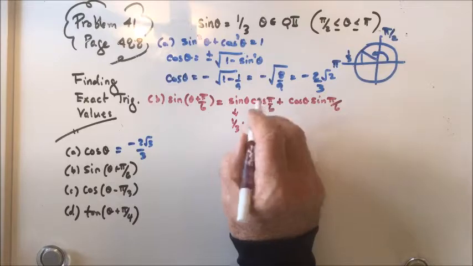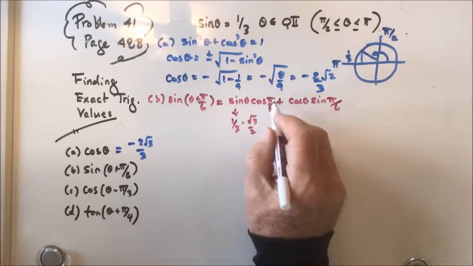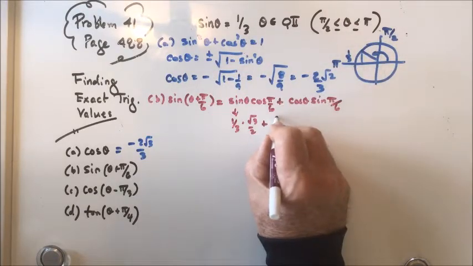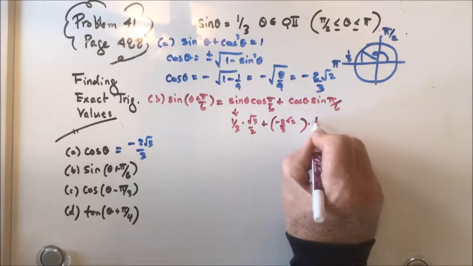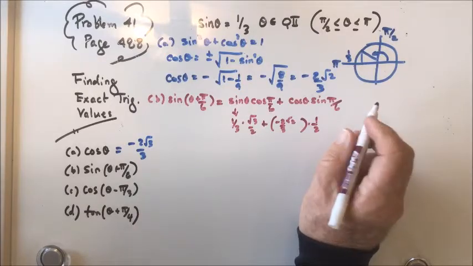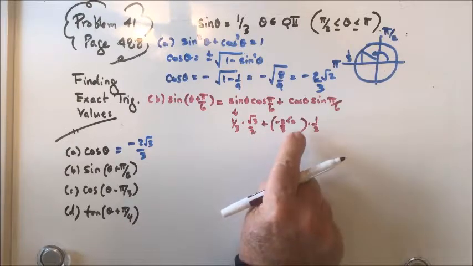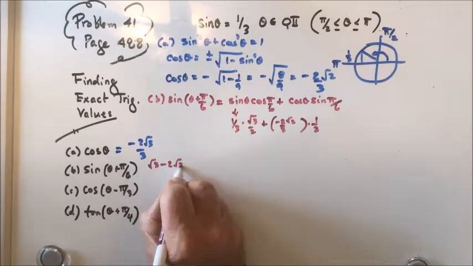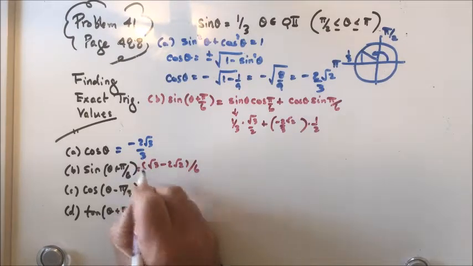That's cosine 30 degrees, so that's root 3 all over 2. Is it not? It is. Plus cosine of theta, we just calculated that, minus 2/3 root 2, times sine of pi over 6 is 1/2. So can I do this in my head? I got a 6 on the bottom. I've got a root 3 minus 2 root 2 on the top, all over 6. Okay? Got an equal sign right there.